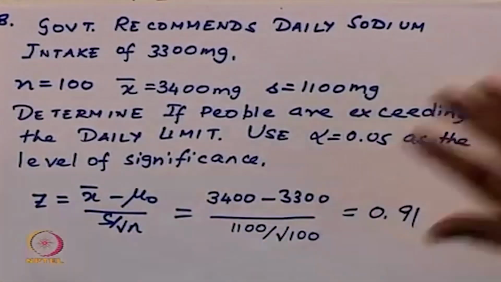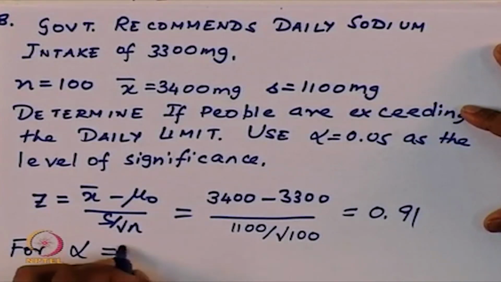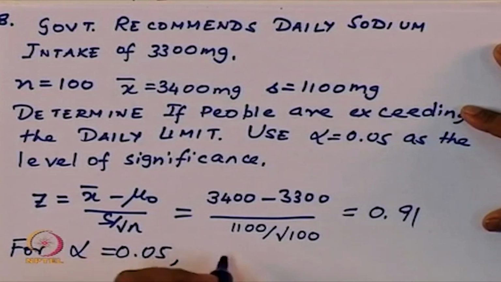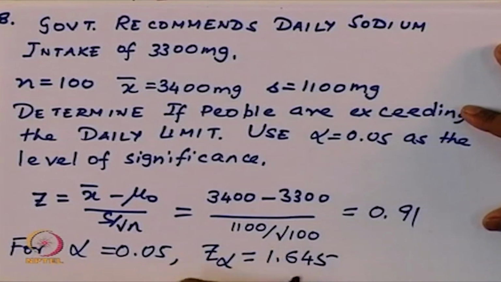For alpha equal to 0.05, Z alpha is 1.645. Why do we use Z alpha equal to 1.645?